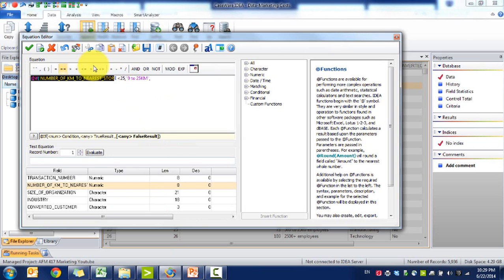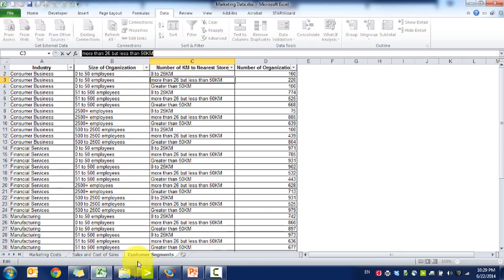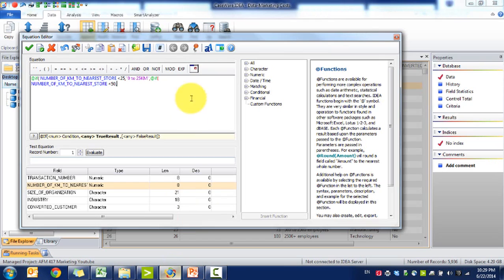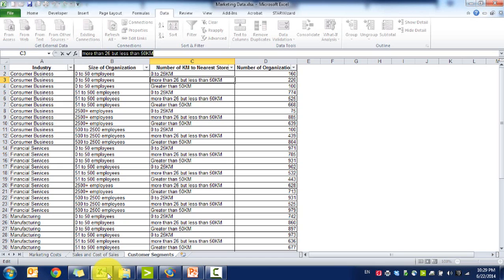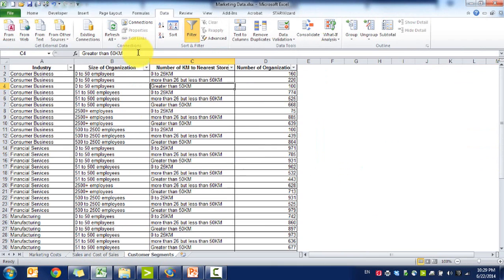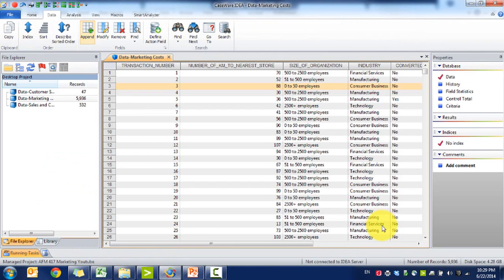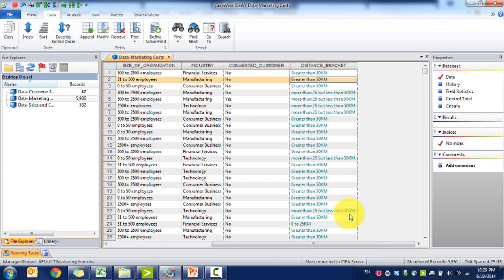And then we'll do the same thing, except we'll make it less than 50, the next bracket, which is more than 26 and less than 50 kilometers. And then the last alternative is that it's greater than 50 kilometers. So that's good. Now we have that distance bracket.